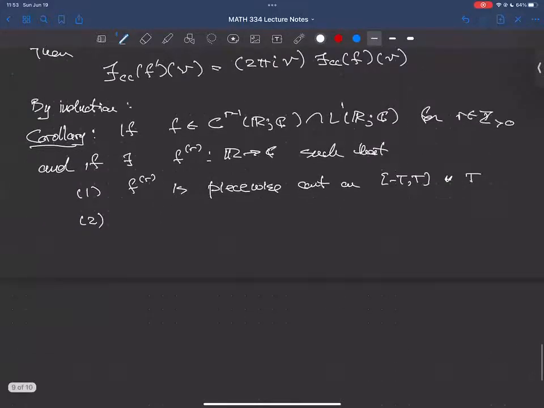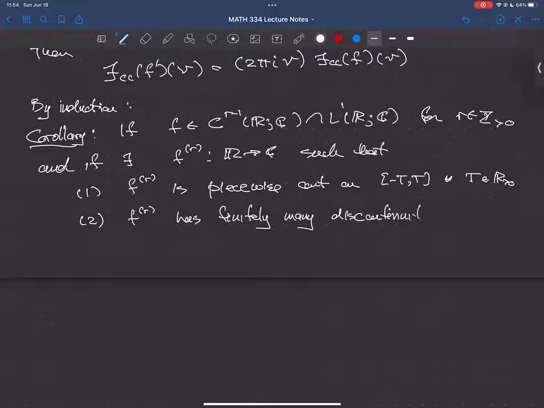So f_r has finitely many discontinuities. Okay, f_j is in L1, and this is true for every j.